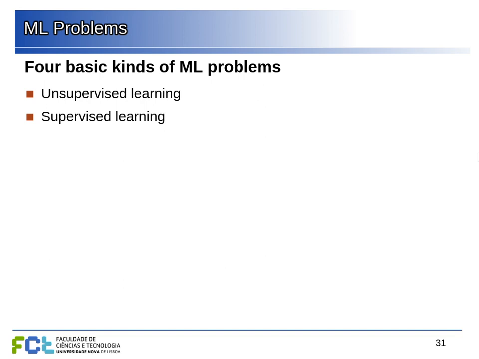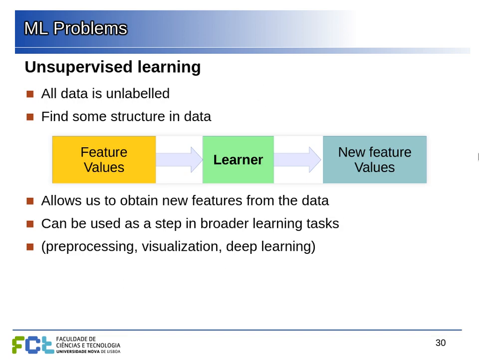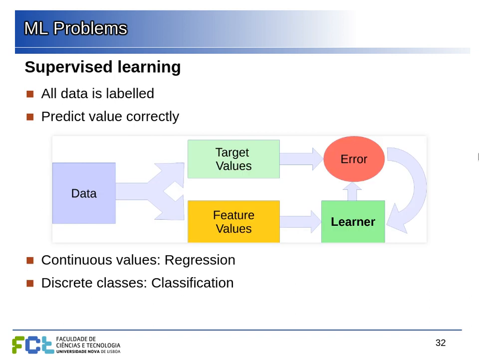This contrasts with supervised learning. In unsupervised learning, we take the feature values, we learn something, and we output the new features, for example, the clusters the examples belong to. In supervised learning, we have the data, and we split it into two parts: the values that we want to predict, and the values of the features.